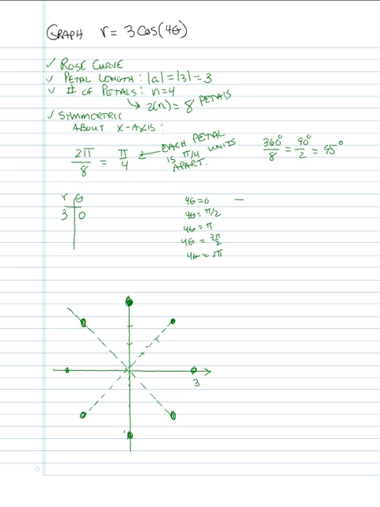And of course, this is theta equals 0. This is theta equals pi over 8. This is theta equals pi over 4.